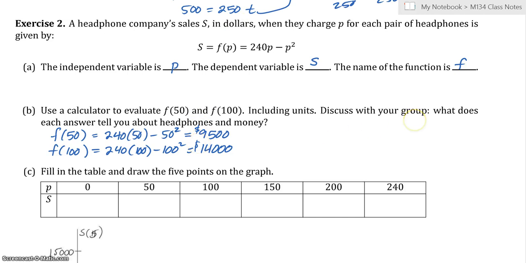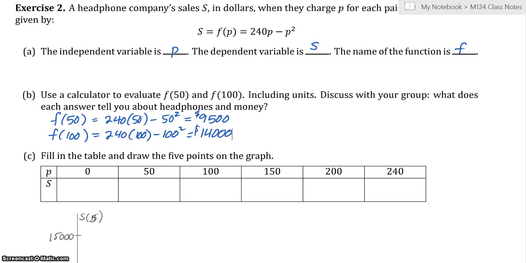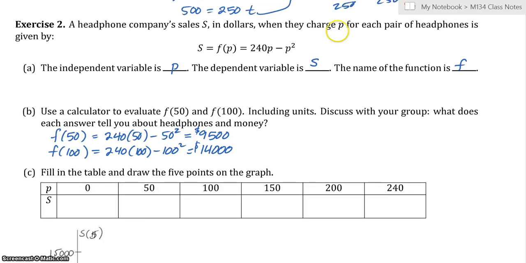It says discuss with your group what each answer tells you about the headphones and money. Well, we're doing this class remotely, so we're not in groups. So let's go ahead and discuss this over the video. What does that mean? So let's see, what does the P represent again? This one tells me that the P is 50 and the S is 9,500. This means what? P is how much they charge.